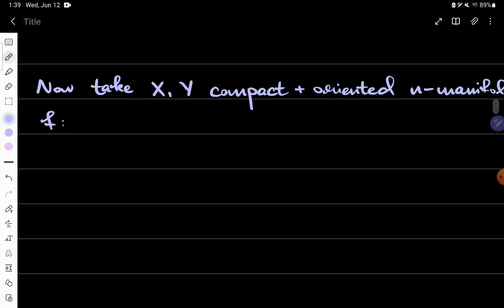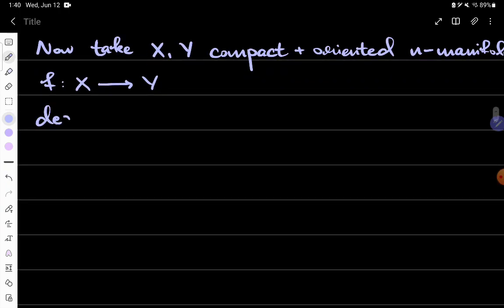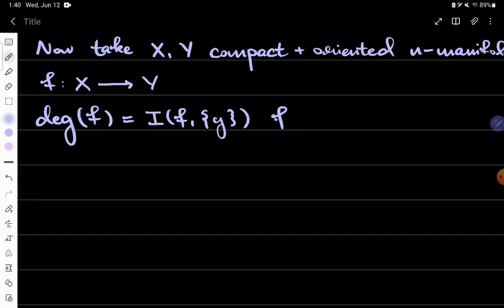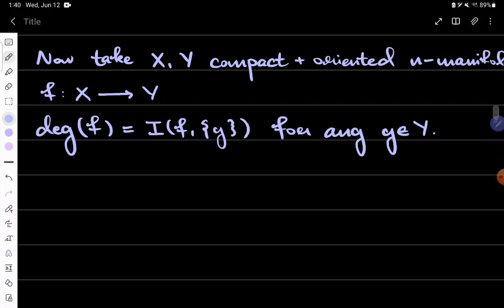So if F is a map between two such manifolds, then because we're oriented, we can define the oriented intersection number, or the degree of F, which is the intersection number of this map F with the preimage of any point y, let's say for any regular value y.